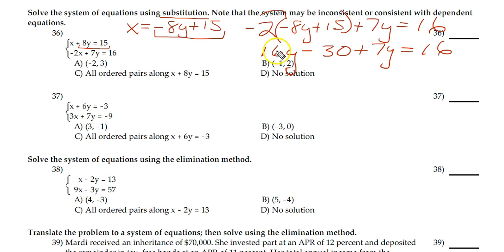So we group our like terms together. This gives us a 23y. I'm going to add 30 to both sides and get 46. Divide both sides by 23. Y equals 2.